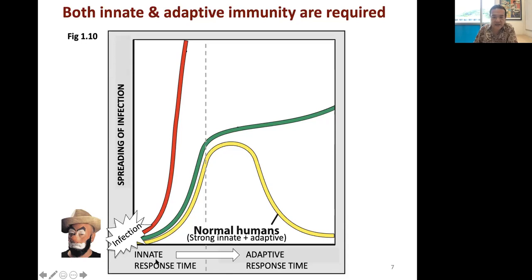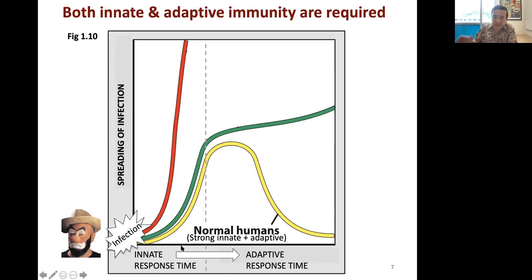Right? In this case, let's look at this figure. Let's say that this individual is infected by bad clown, right? And this is the start of the infection over here. The moment bad clown gets into the person's tissues, that is the start of infection.